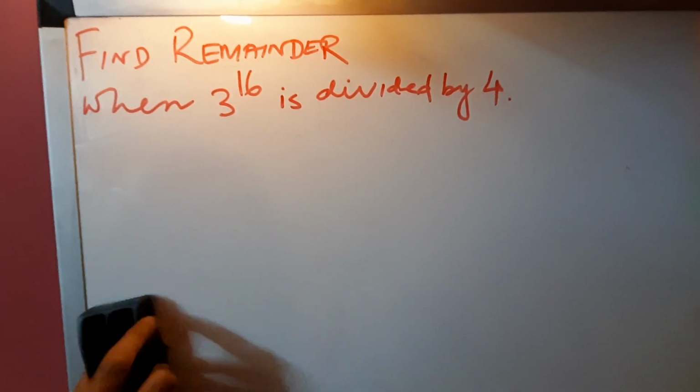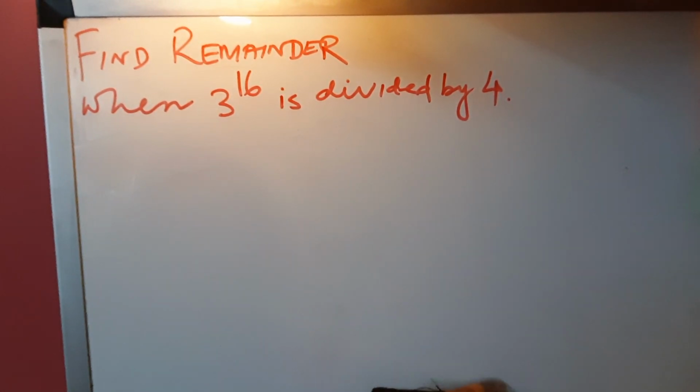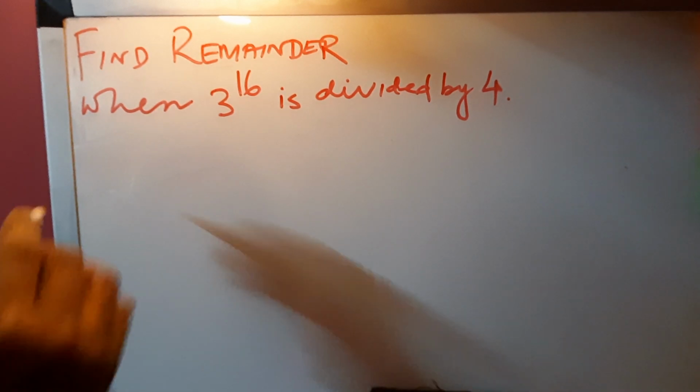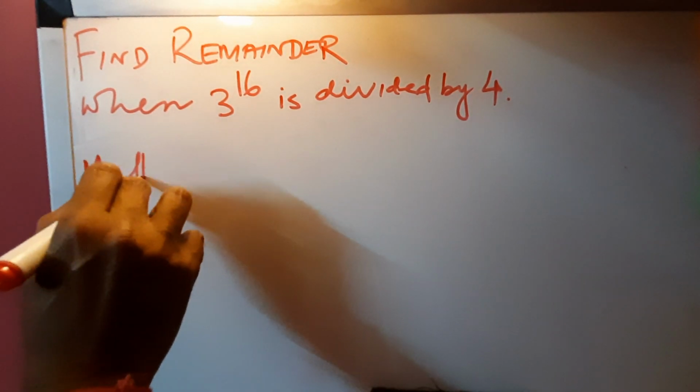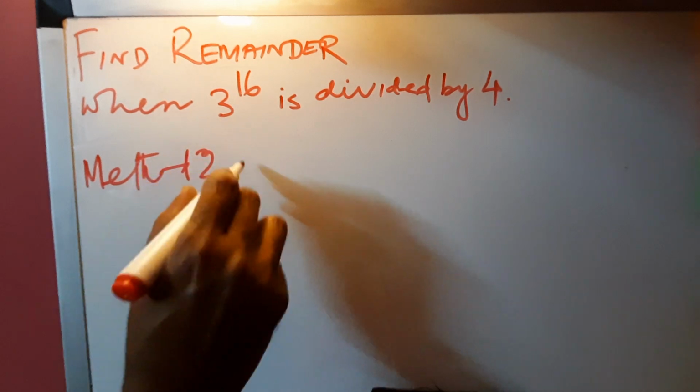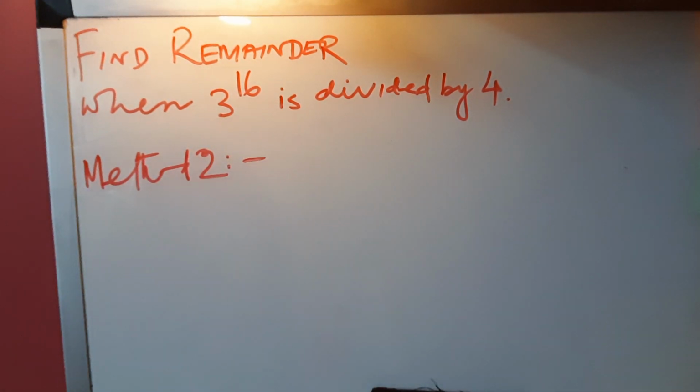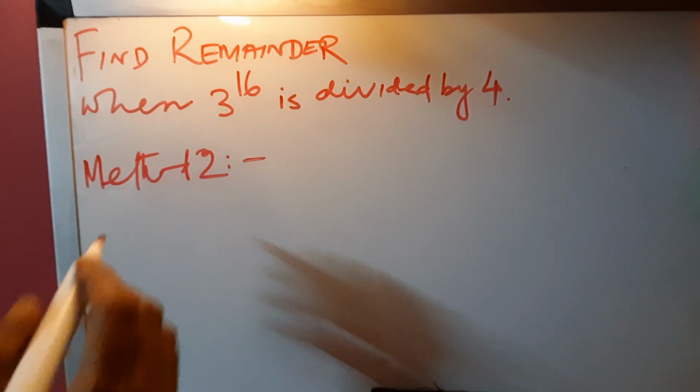Now we need to find out the remainder when 3 to the power 16 is divided by 4. In this method we'll try to use the modular method.